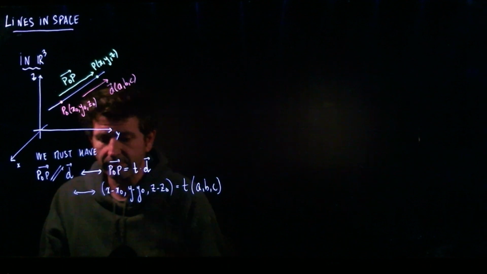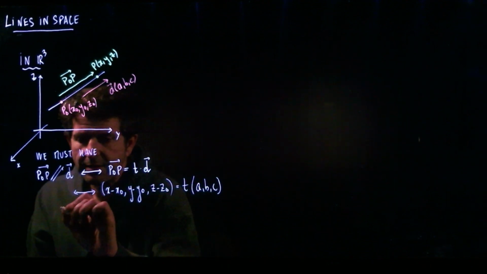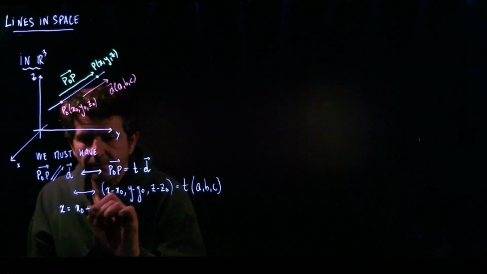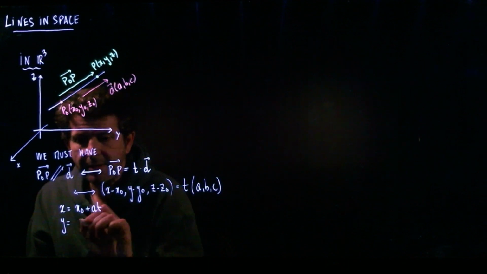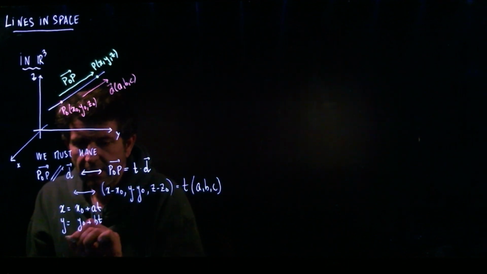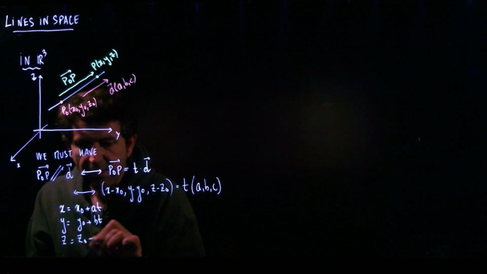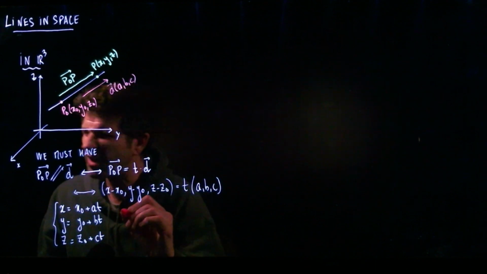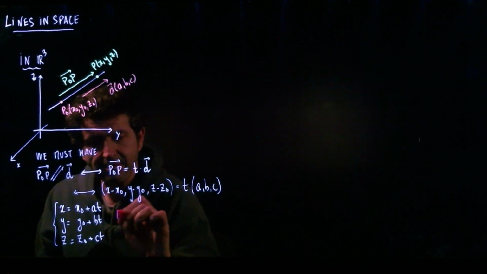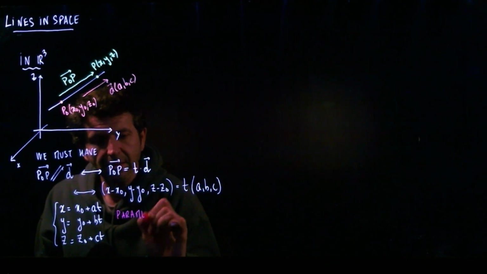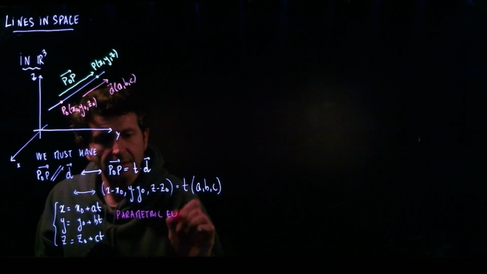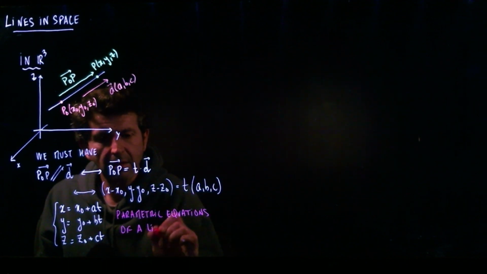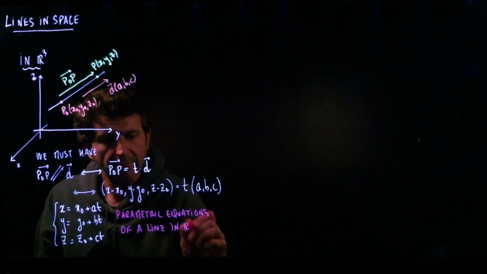So let's write this down. x has to be x0 plus at, y has to be y0 plus bt, and z has to be z0 plus ct, and these are the parametric equations of a line in R3.